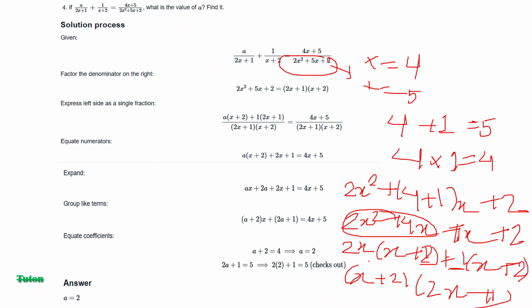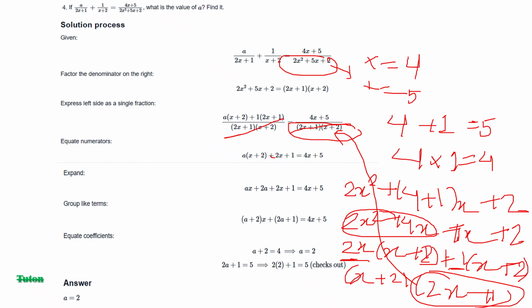This term and this term will make 2x plus 1. Here we have it in this step, 2x plus 1. Now this term and this term will cancel each other, and we are left with a bracket x plus 2 plus 2x plus 1 is equal to 4x plus 5.